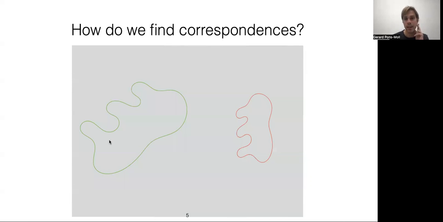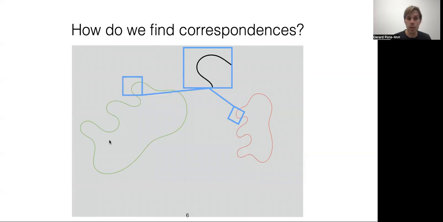Do you have any ideas of how we could find correspondences between two shapes? So one idea might be to extract some sort of shape descriptor that describes the shape locally, and then try to find this local shape in the target shape, right? We're assuming that the shapes should look somewhat similar. They should share something. We're aligning shapes of the same category.